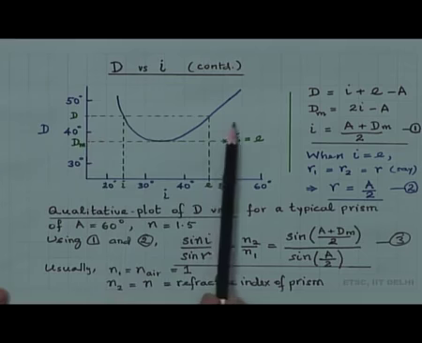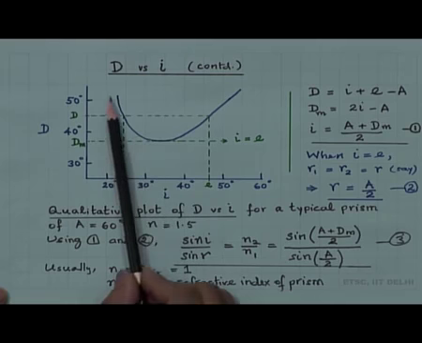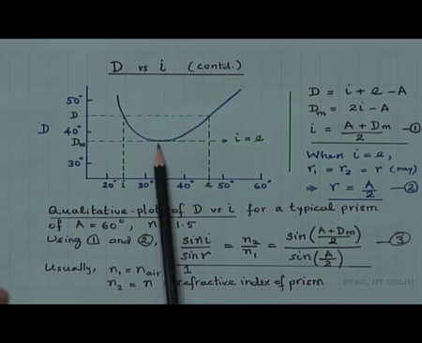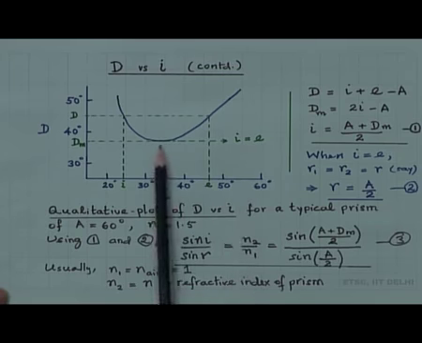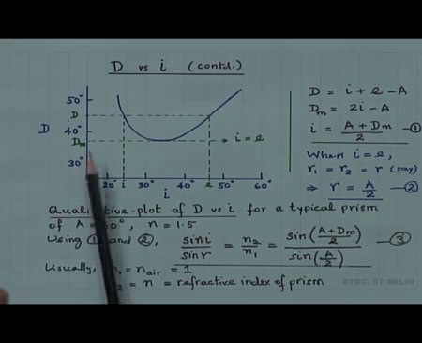However, there is a point here where the deviation becomes minimum, it passes through an extremum. So, this is minimum. At that point I is equal to E, because there is only one value of the angle of incidence, and the corresponding angle of deviation is called the angle of minimum deviation.